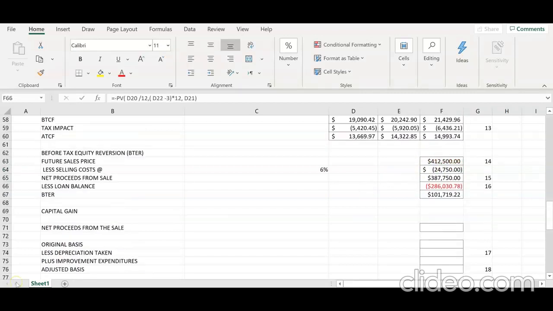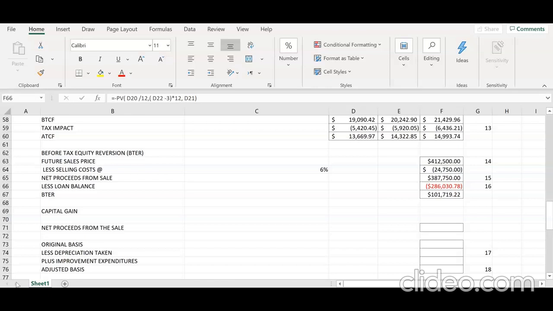The next step is to calculate the capital gain. Net proceeds from the sale are as previously calculated. The original basis is the acquisition price as provided under the assumptions, so I reference that. To get the depreciation taken, I added the depreciation over the 3 years.